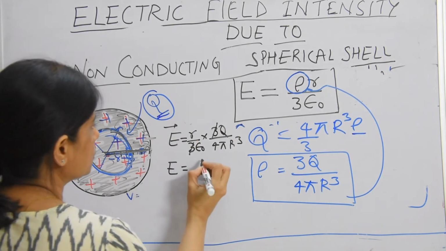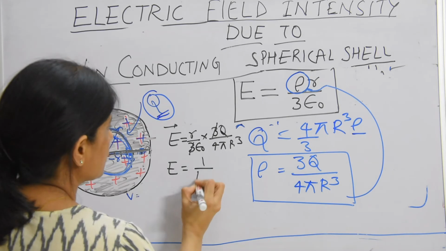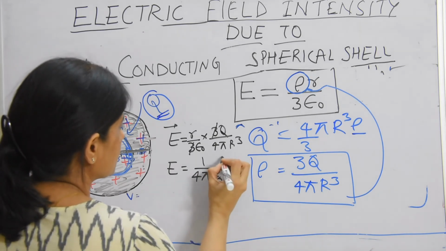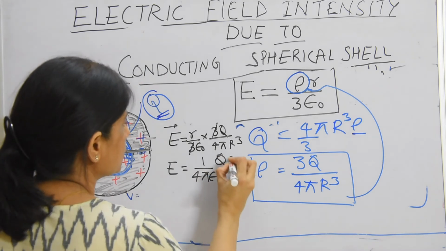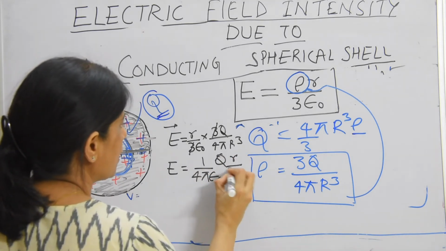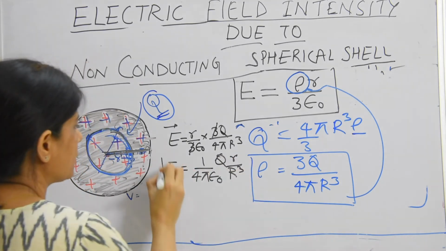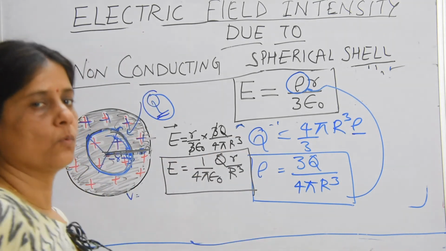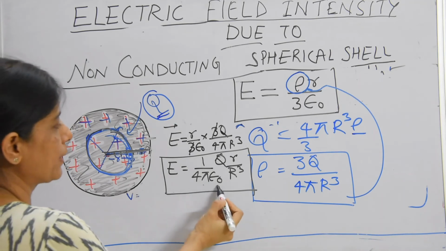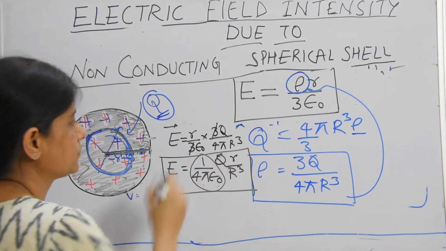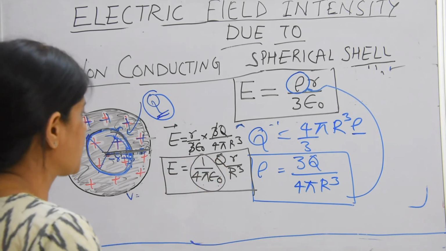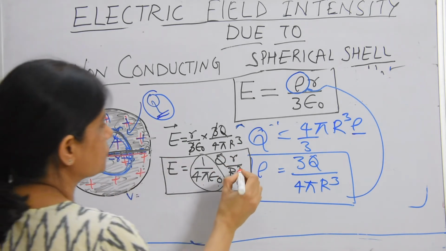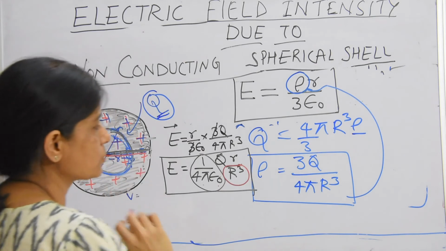E is equal to 1 upon 4 pi epsilon naught, Q r upon r cube, which is a very, very important result. Here we see that 1 upon 4 pi epsilon naught is constant, the charge given is constant, and the radius of this sphere is also constant.